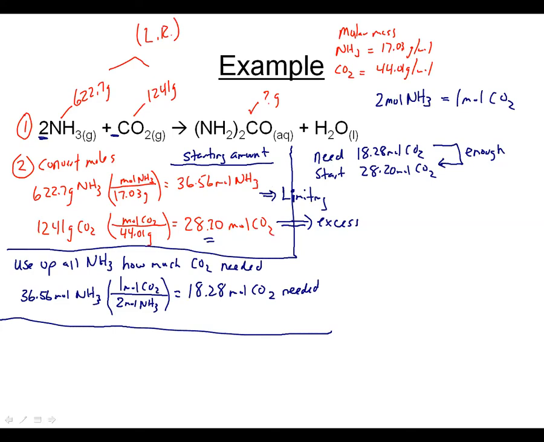Now, once it's established that this is our limiting reagent, the importance of that is really going to tell us how much product we're going to make. And we want to again do step number 3 here. And we want to use the starting amount of our limiting reagent, which is 36.56.